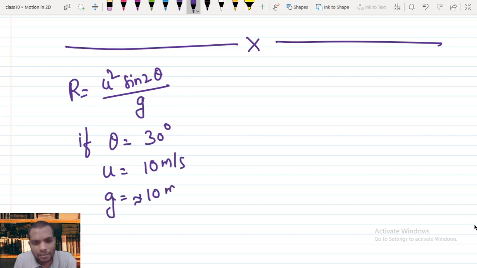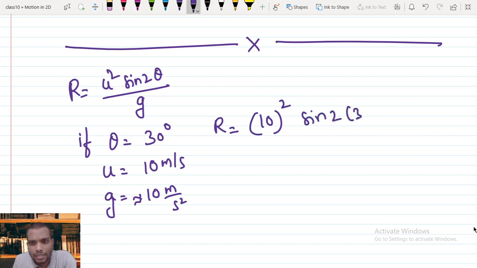For calculation purposes, I take g equal to 10 meter per second square. Now try to find the R value here.